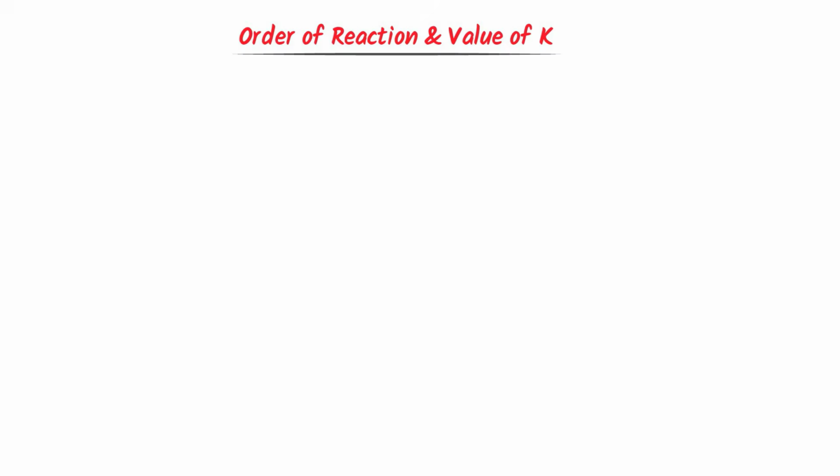We know that when n is equal to 0, it is a zero order reaction. What about its unit of k? Well, we know that the unit of k is (mole per liter) raised to the power 1 minus n per second. Here, the value of n is 0. I write here 0.